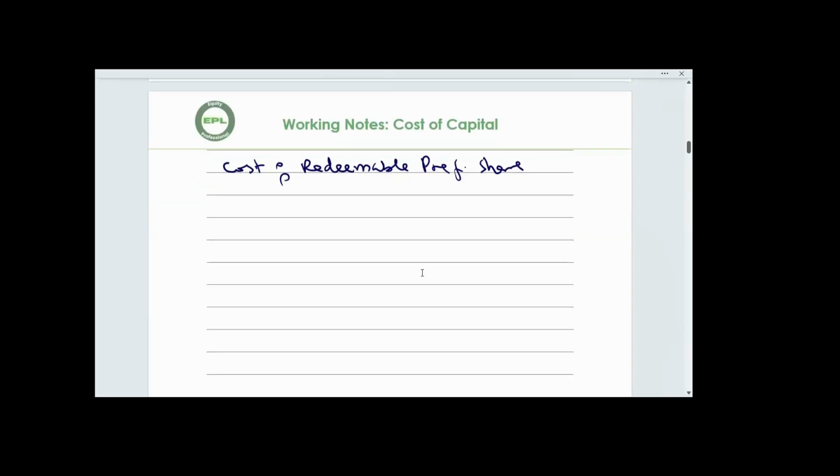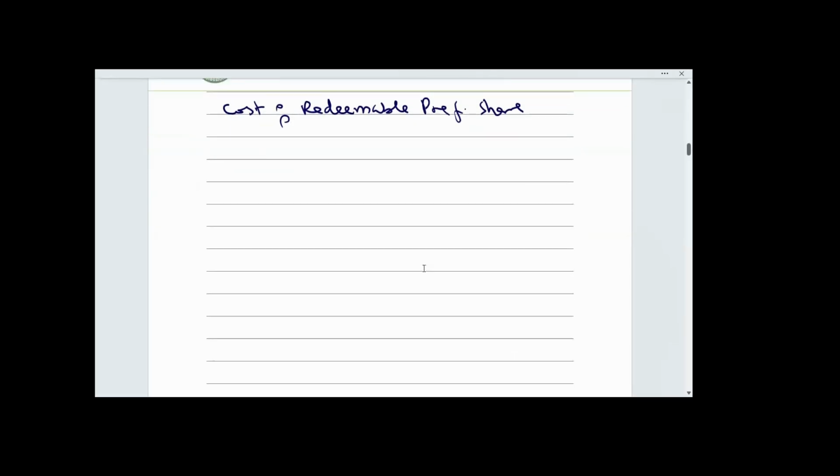The redeemable preference share is the one in which the company will pay both the annual fixed dividend as well as the principal at the maturity date. Let me put it down.